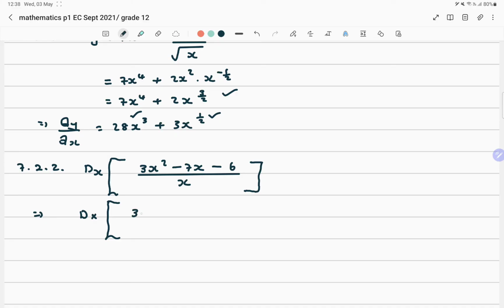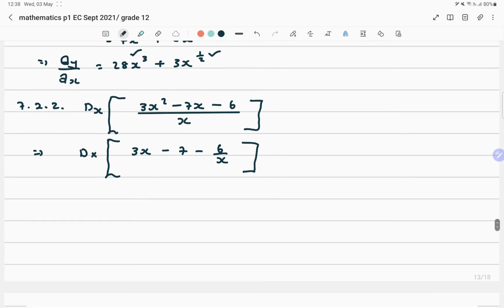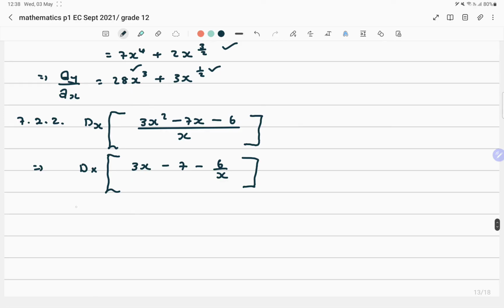So this will effectively be 3x minus 7 minus 6 times x to the minus 1, which is 6 over x.